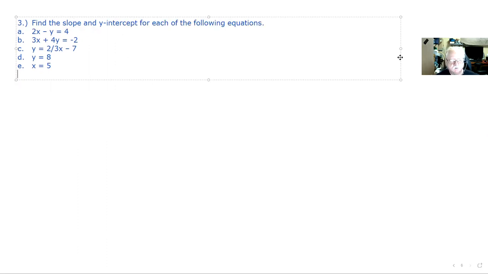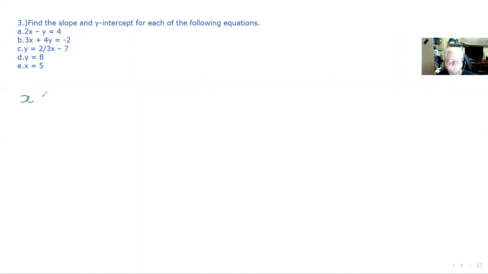This one is even more annoying because there's no y in the equation. They've just given us x equals 5. So in a situation like this, again, the best thing to do is to graph it to see what they're up to.